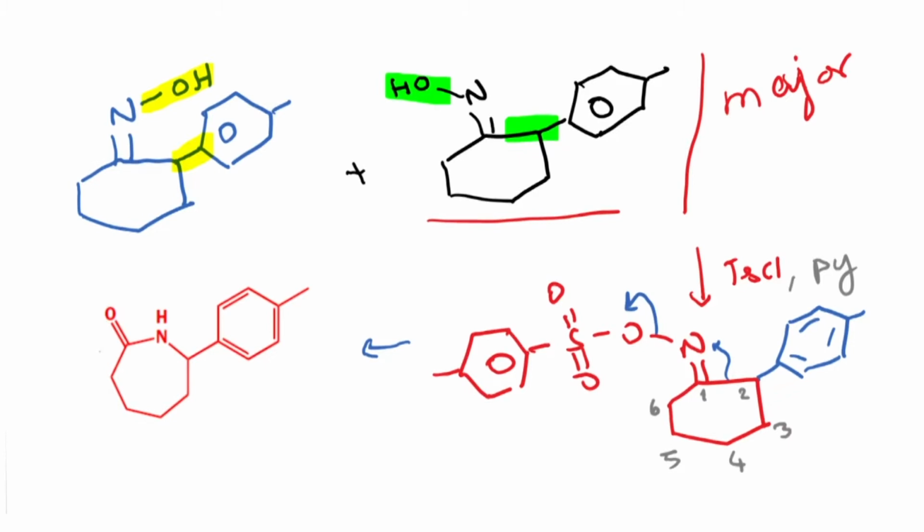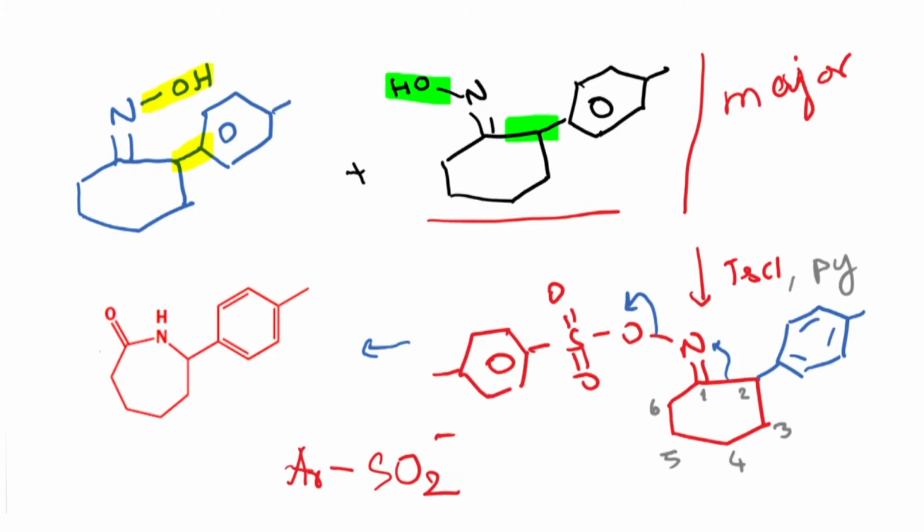The carbon 1,2 bond breaks and kicks out the TS, basically SO2 minus, and this para-toluene group is here. Subsequently, you're going to lose this proton, and this gives you a 7-membered ring.